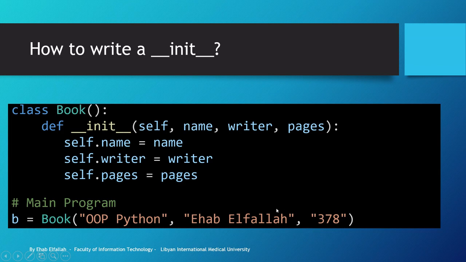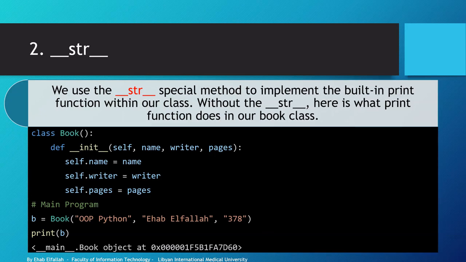From now on, when I give you any attributes inside the class, you have to pass them in the init method, because this is how we define the attributes as instance variables.